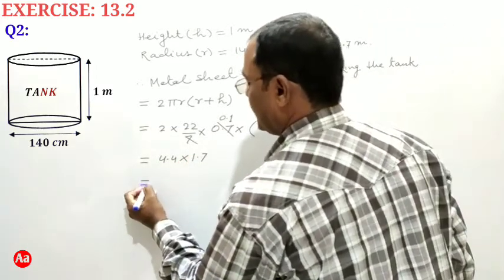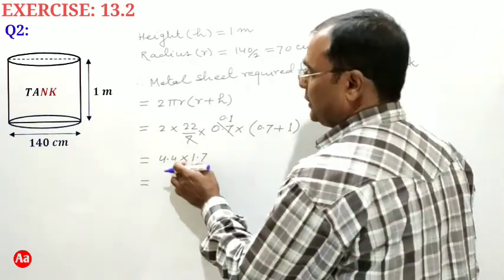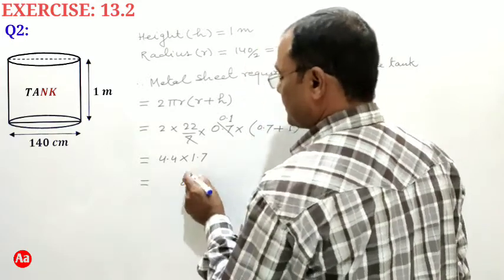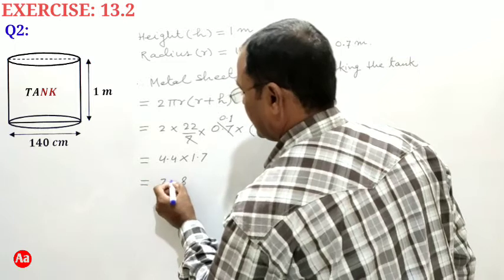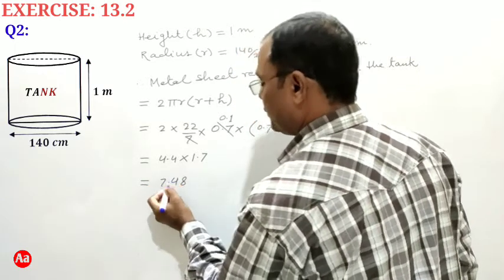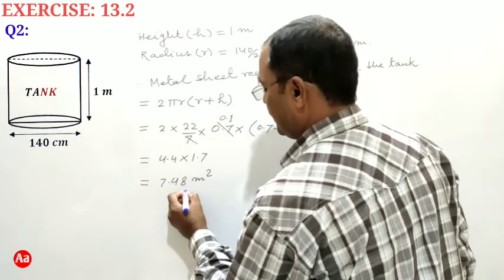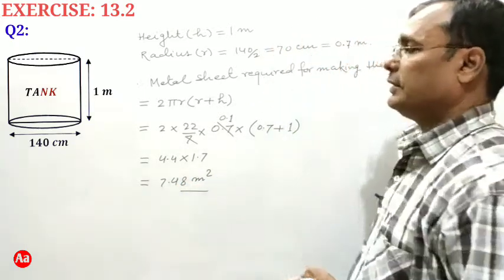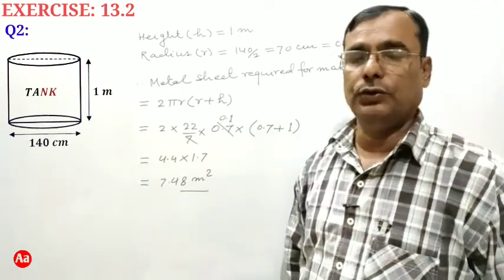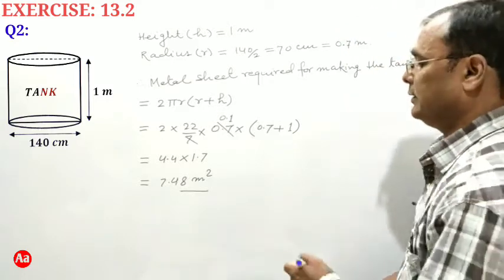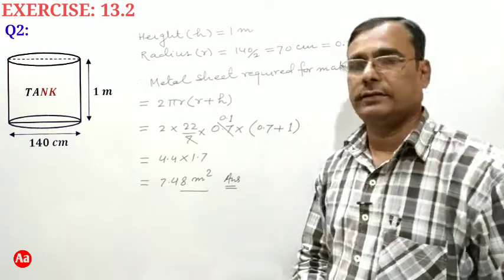So 4.4 into 1.7, 17 4s are 68, plus 6, 74. So 7.48 meter square. So this is metal sheet required for making the closed cylindrical tank, and this is the answer.